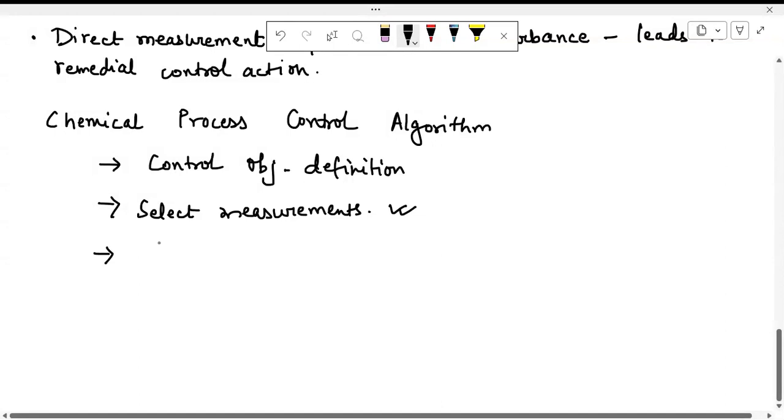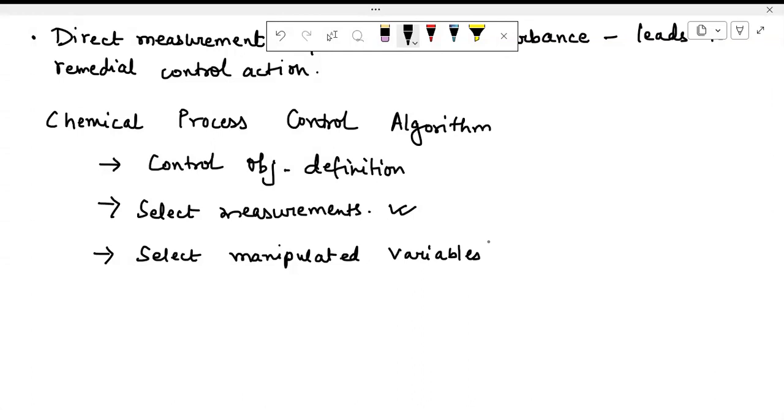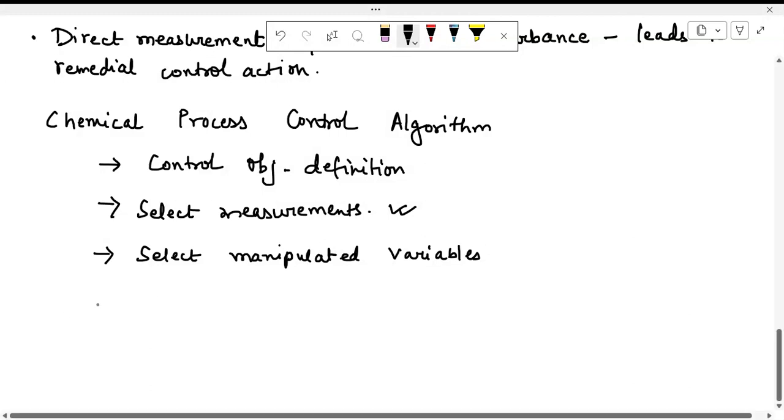The next step is select manipulated variables. By this step, what I mean is how we affect the change in the process. That is, if some disturbance has occurred, how can we manipulate the process so that it is able to counter the disturbance? That is the selection of manipulated variables.